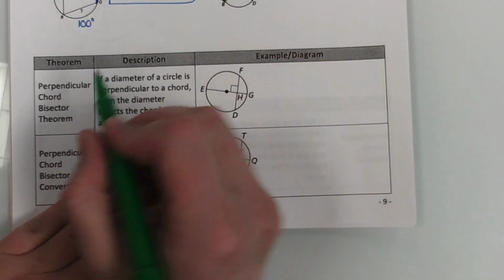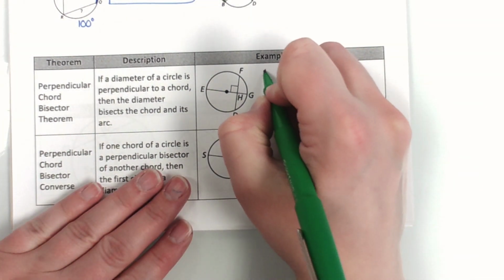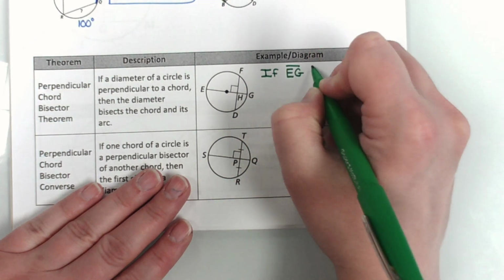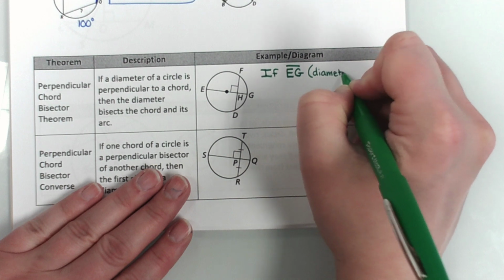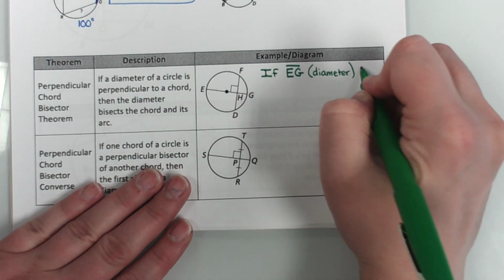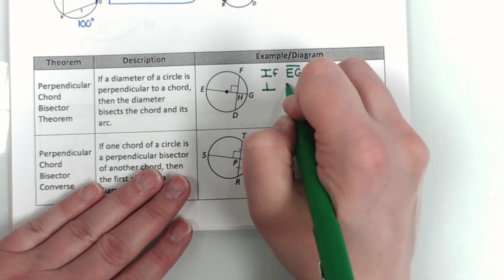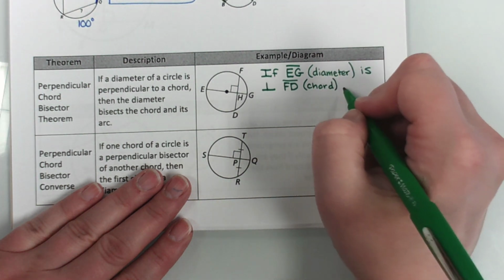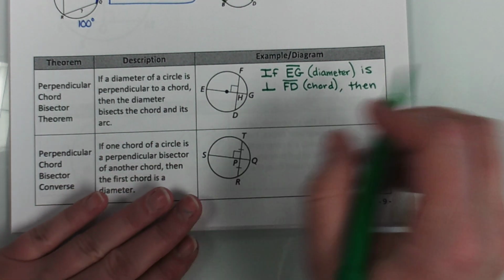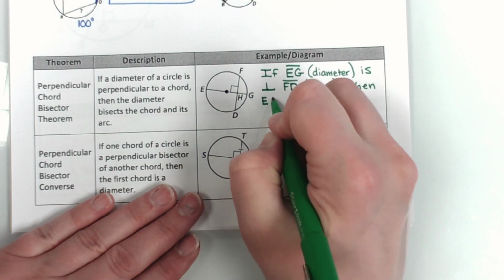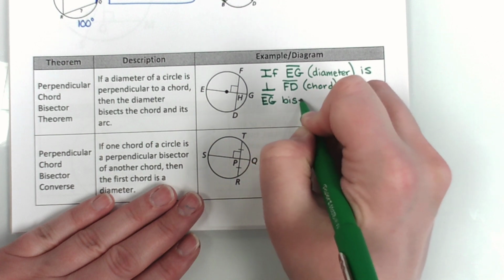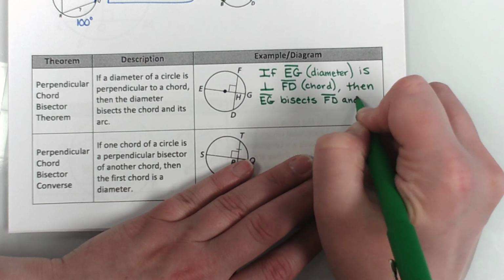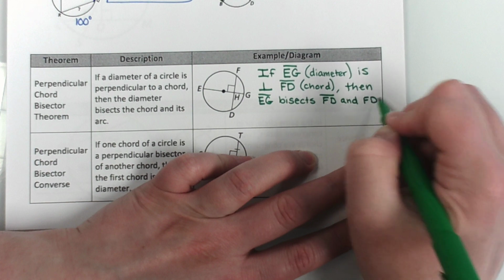So, okay, this means if a diameter is perpendicular to FD, a chord, then EG bisects FD and arc FD.